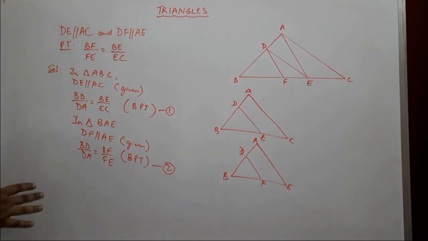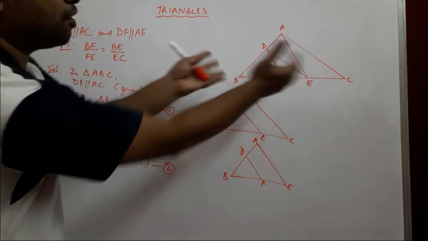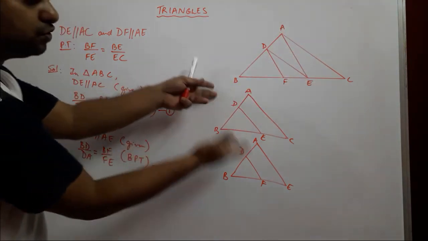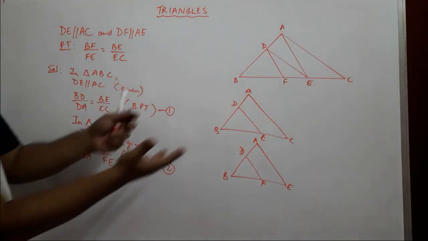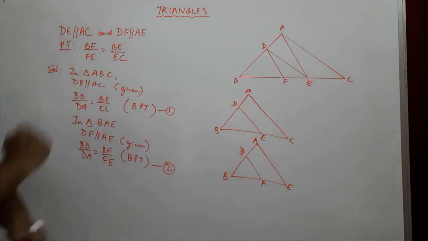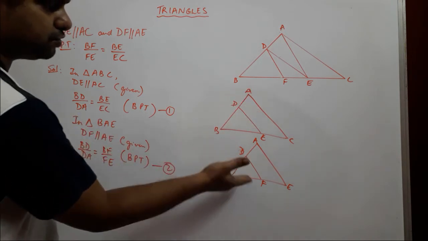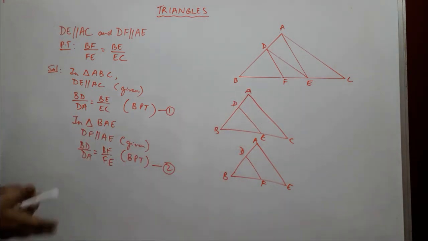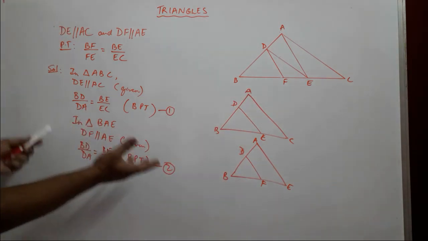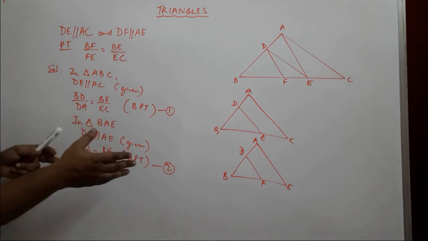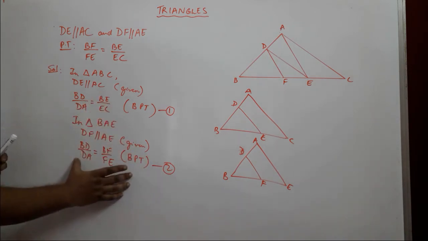So what I did was I broke this complicated triangle into two separate triangles, which became easier for us to see and manage. Then I just applied the basic proportionality theorem to those two triangles because there were two sides which were parallel to each other. And by applying the theorem, I got these ratios.